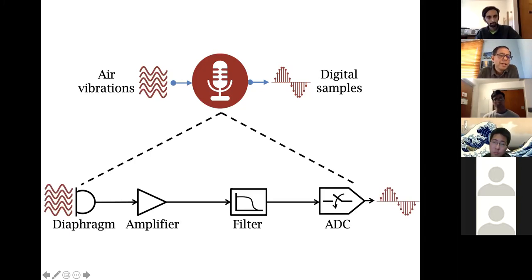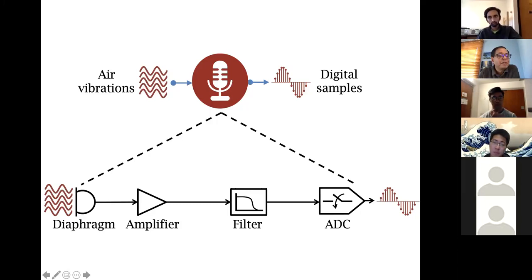But if you zoom in a little bit, what you see is a microphone has a diaphragm, which is like a paper that vibrates, but it's a carefully designed paper because you want it to vibrate at the frequencies of human voice. So you want the transfer function of the diaphragm to be carefully designed.